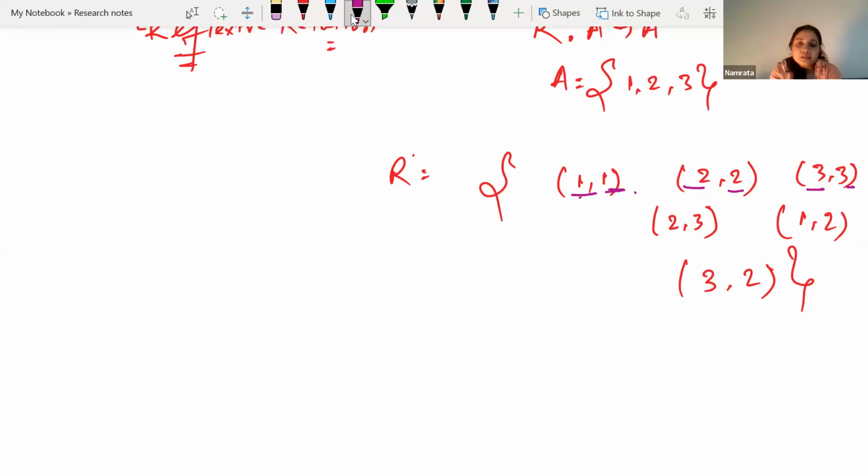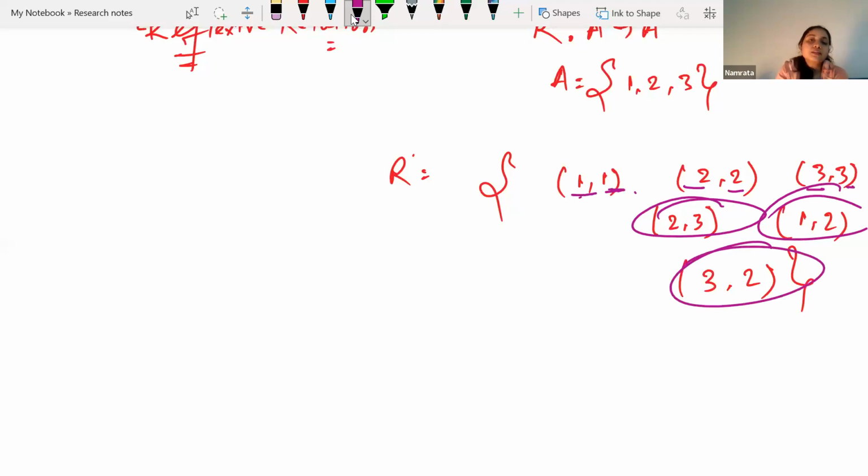So every element must have a relation with itself. If there are other ordered pairs also, that is perfectly fine. This one we can say is a reflexive relation.